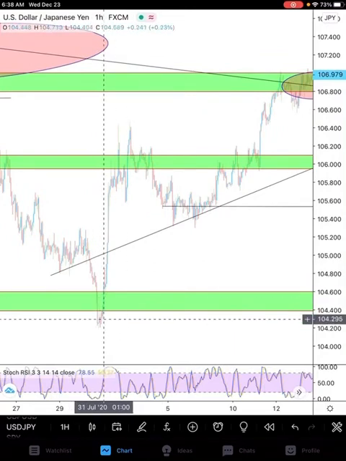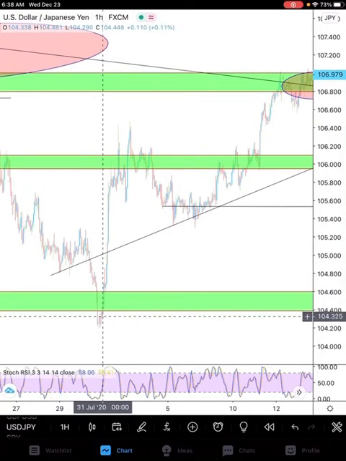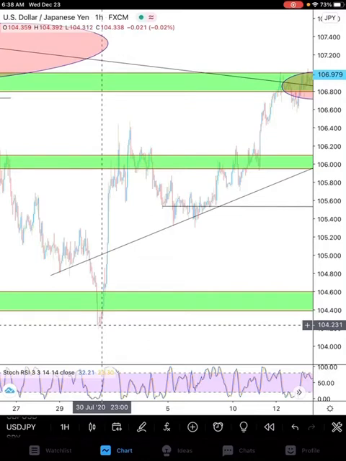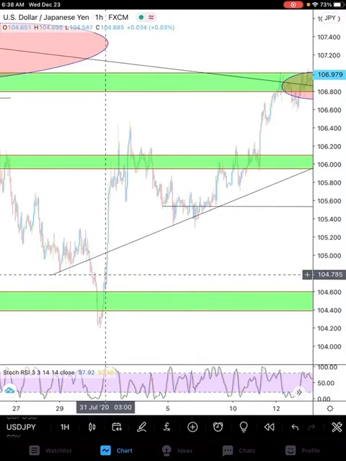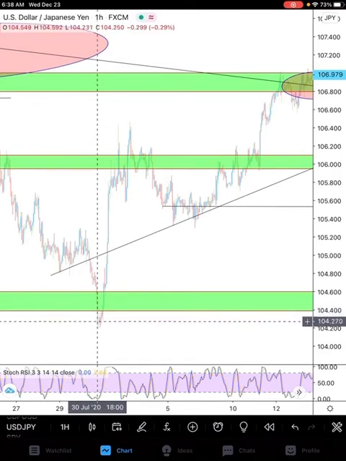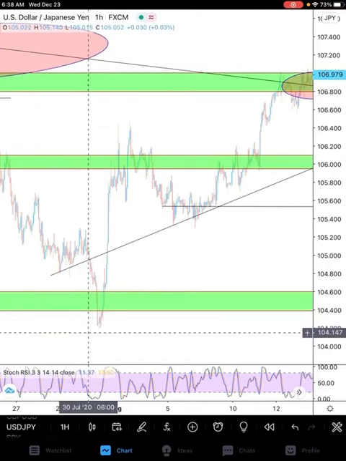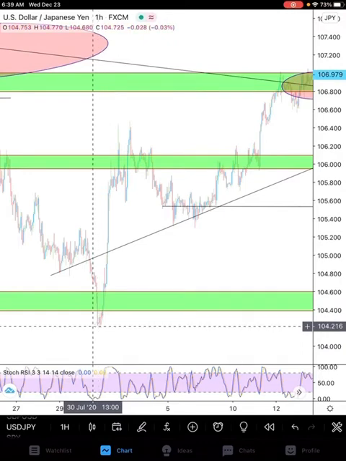Again, this is an outlier. This is a fake push. This is like maybe the banks. They tend to do this. You'll see these weird spikes a lot of the time when banks are trying to fulfill an order.